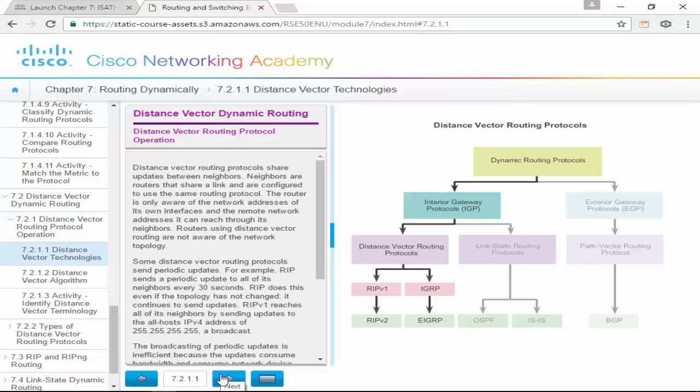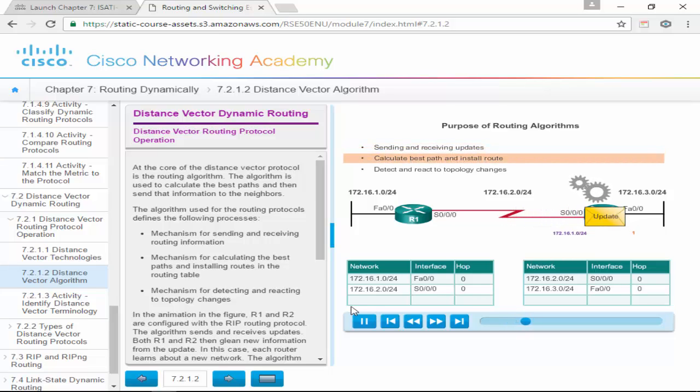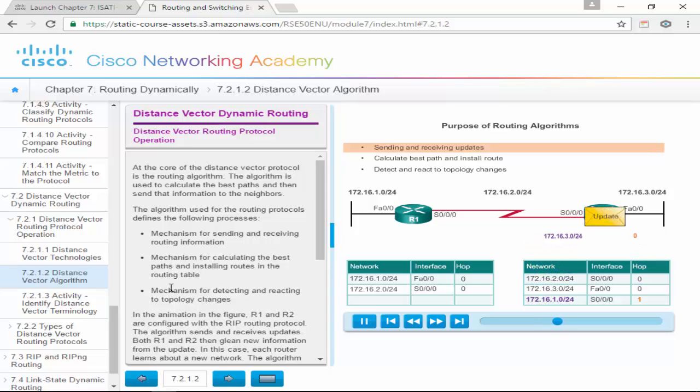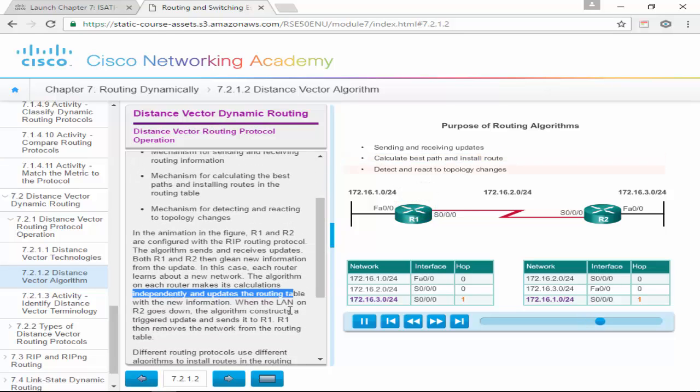So now we get to do our distance vector algorithms. The core of a distance vector routing protocol is the routing algorithm. The algorithm is used to calculate the best paths and then send that information to the neighbors. Well, isn't that true with all of them? But RIP primarily cares the most about its neighbors.